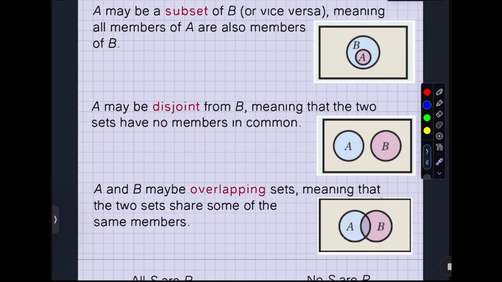Disjoint means they're not joined together. That means there's nothing in A that would be shared with B. Make sense? The overlapping, the third one, means that there are some things in A that are also in common with B.